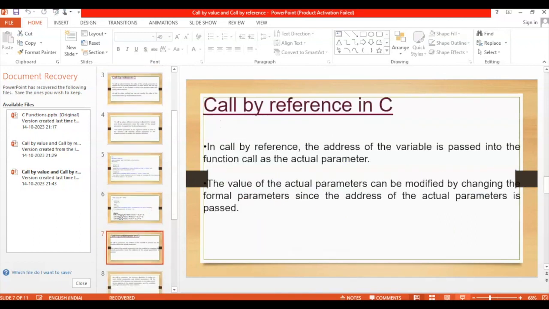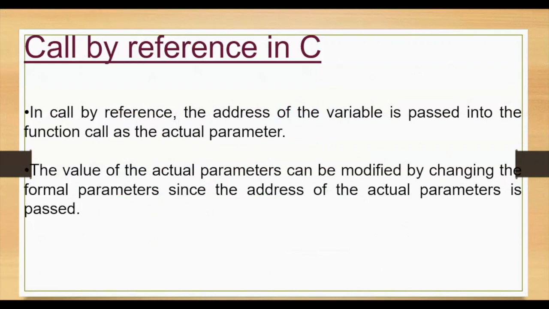That is call by reference in C, which is in contrast to call by value. In call by reference, the address of the variable is passed into the function call as the actual parameter.